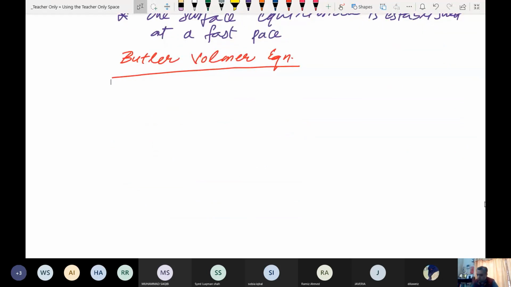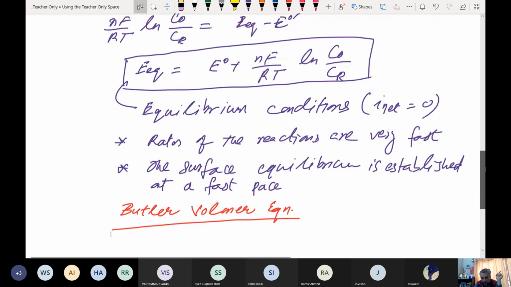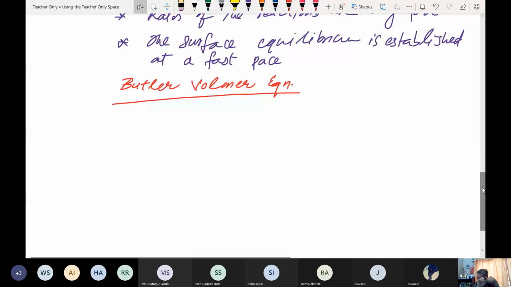Now we have a situation where we will use these three equations that we already have. In the previous equations that we have derived, there were three equations. There is the equation we just derived, which is the Nernst equation, and then there were equations for the forward current and for the backward current.